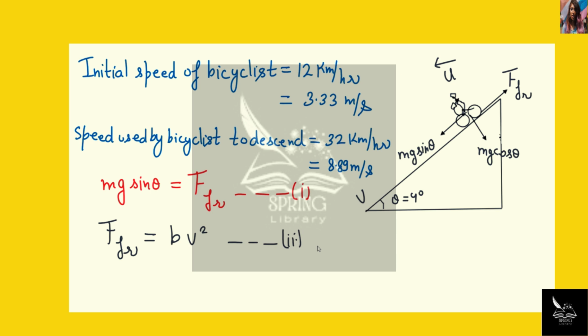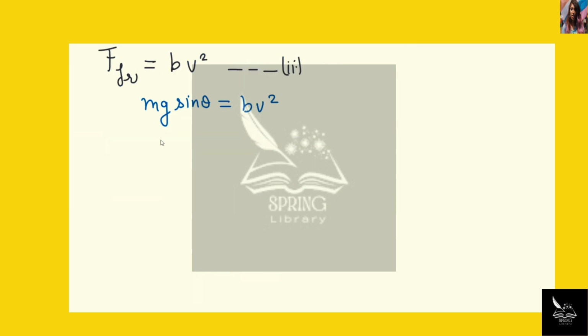Now on equating the above two equations, we get m multiplied by g multiplied by sine theta equals to b multiplied by v square. Now on rearranging the above equation for b, we get b equals to m multiplied by g multiplied by sine theta divided by v square.